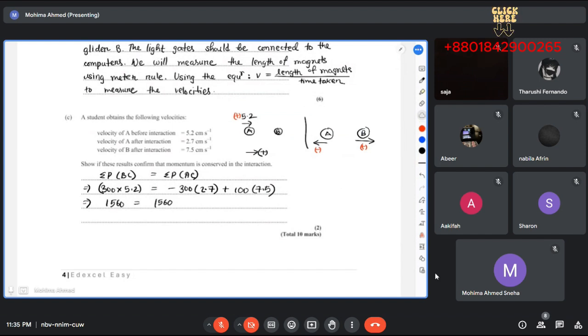That's 2.5. I'm not sure if you can understand my handwriting. That's 2.7 and 300. This is 100 and 7.5. Yeah, I'm getting negative 60. You're also getting negative 60. One minute. Wait.